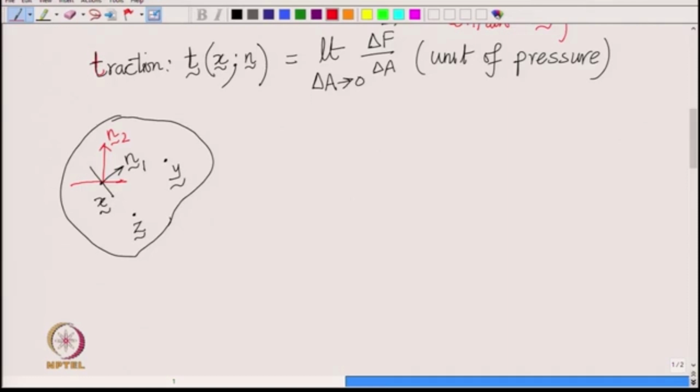Okay. Let me give you a very simple example to make it more clear. Think of a beam. Suppose it is a rectangular beam.